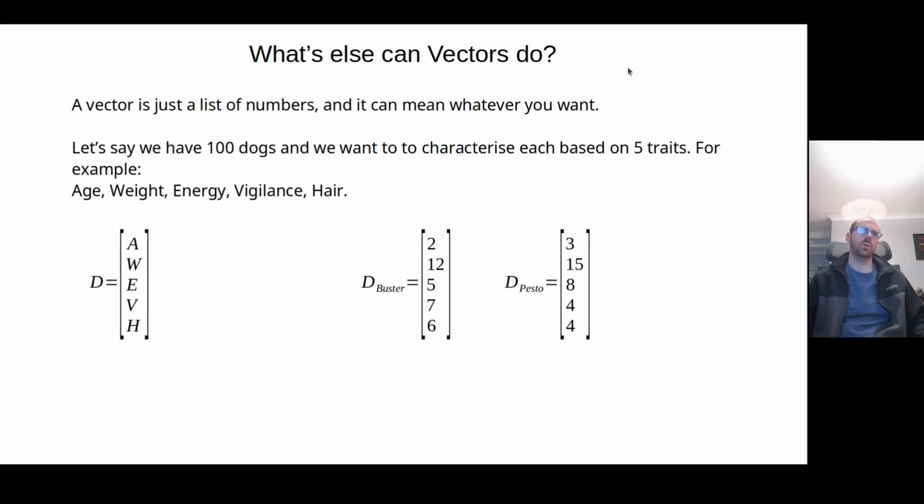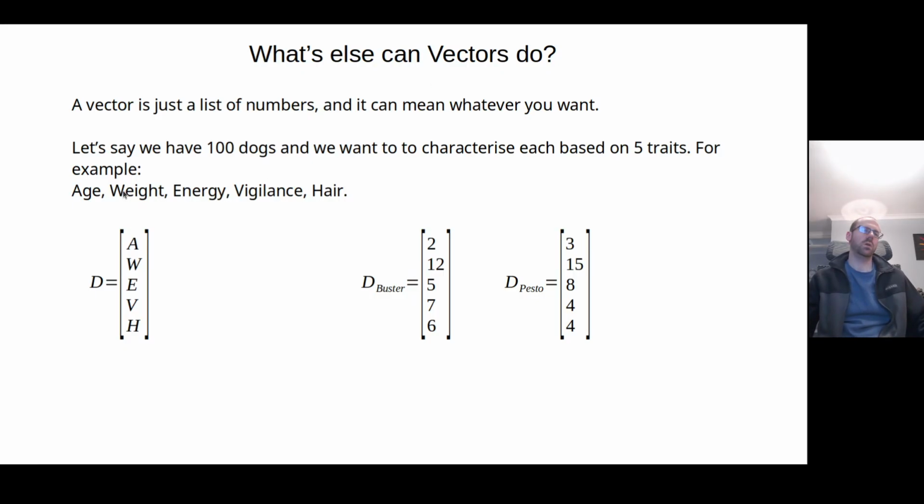So what else can vectors do? A vector can have any length, and it can therefore have any number of dimensions. So if you wanted to represent trajectory in 3 dimensions, you would have 3 numbers. But we could have 8 numbers, 100 numbers. So here's an example of what you could do with it. Let's imagine you're running a dog shelter and you've got 100 dogs and you want to characterize your dogs.